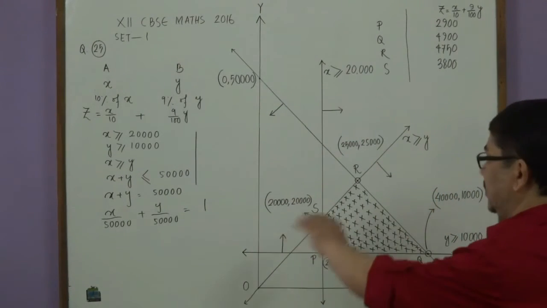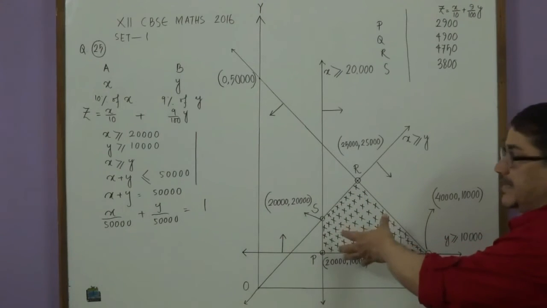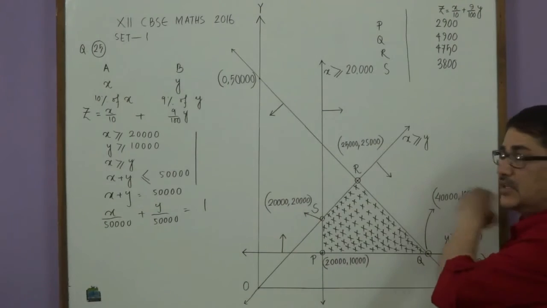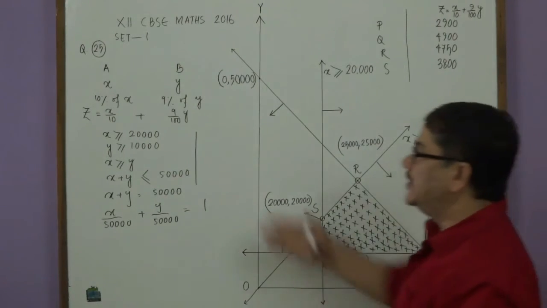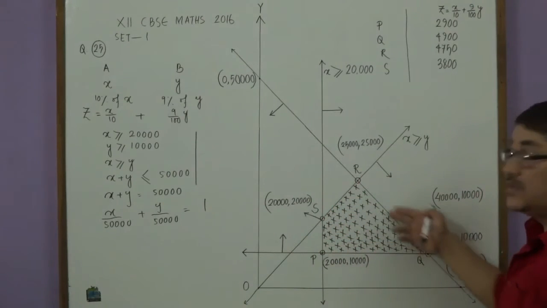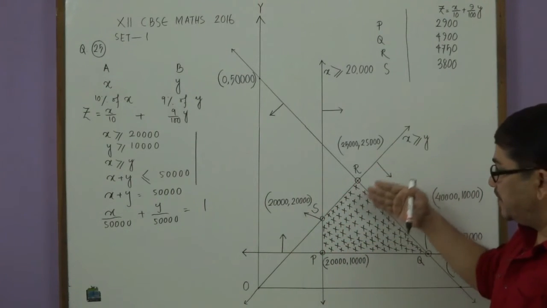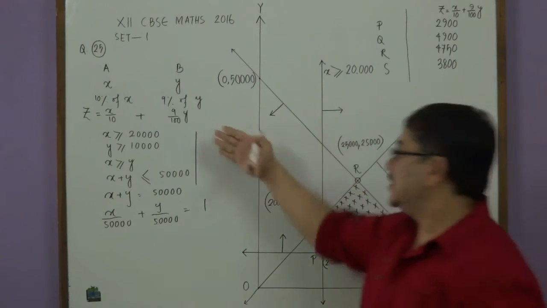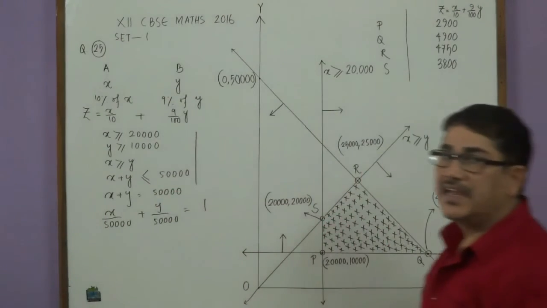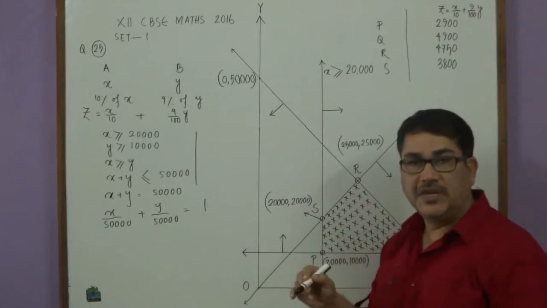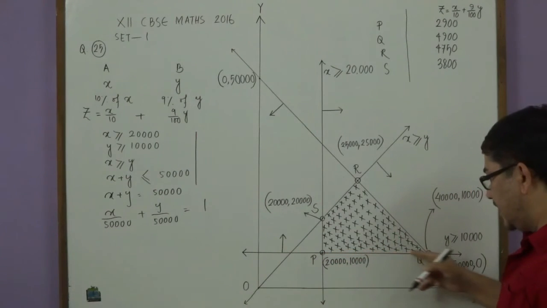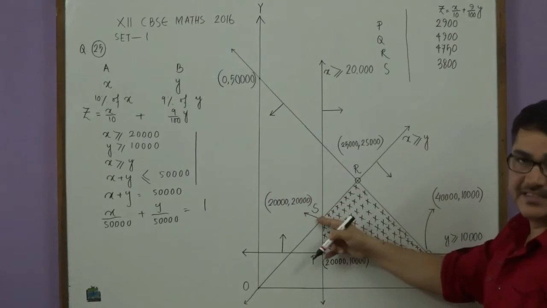Considering all these, the common portion is the region representing all these constraints. So this polygon, which is called the feasible region, represents the area satisfying all these constraints. As you read in 12th, the maximum or minimum exists at the vertices.